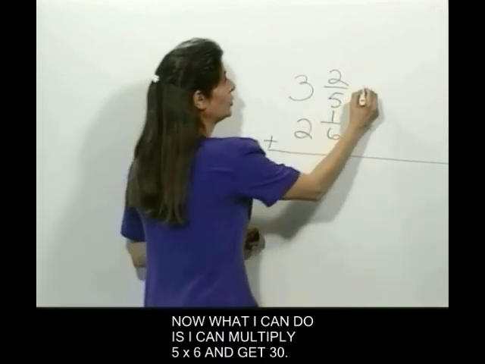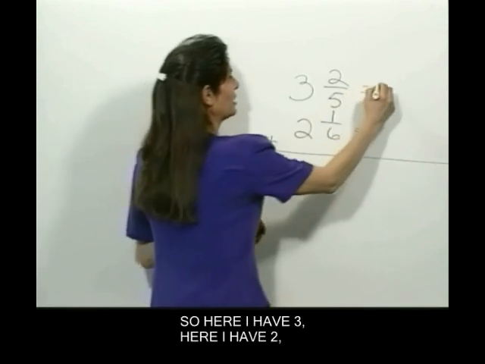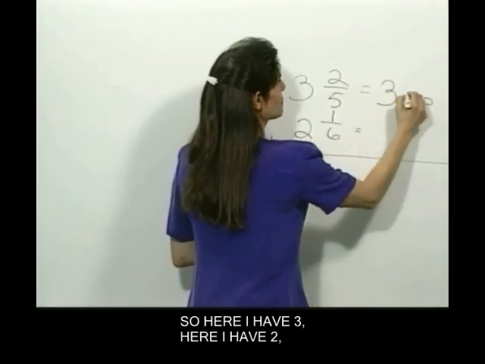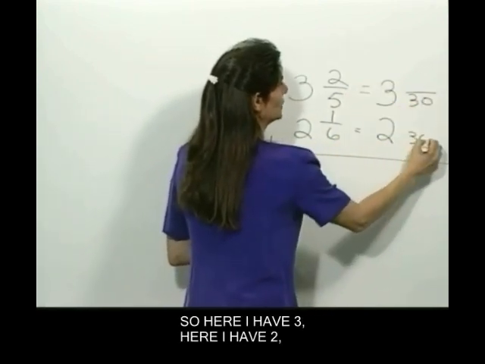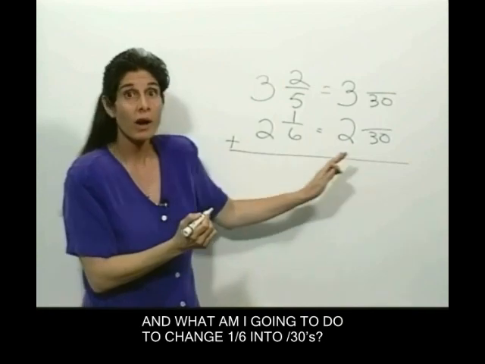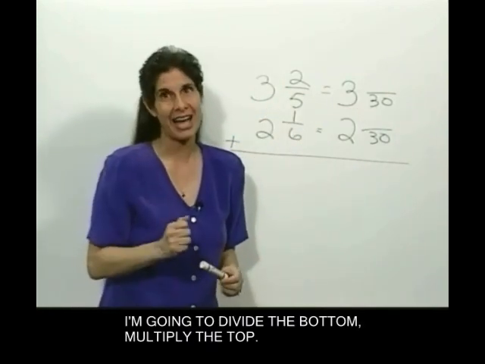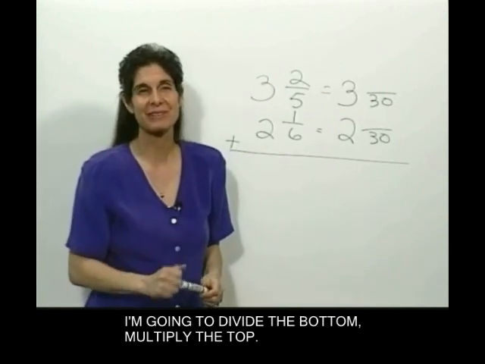What I can do is multiply 5 times 6 and get 30. So here I have 3, here I have 2, and what am I going to do to change 1/6 into 30ths? What am I going to do to change 2/5 into 30ths? I'm going to divide the bottom, multiply the top.